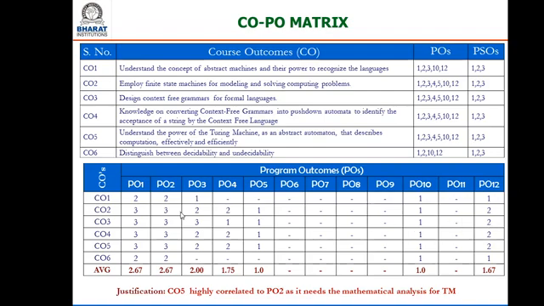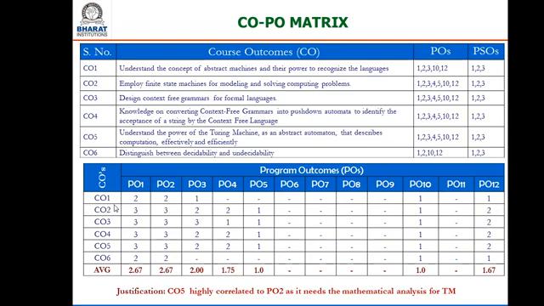Similarly, you can see in CO2 on PO1, the level is 3, meaning it is strongly or highly related to PO1. While coming to the justification of this CO-PO mapping, one sample we have taken: CO5 is highly correlated to PO2, as it needs the mathematical analysis for Turing machine. Like that we have to justify.